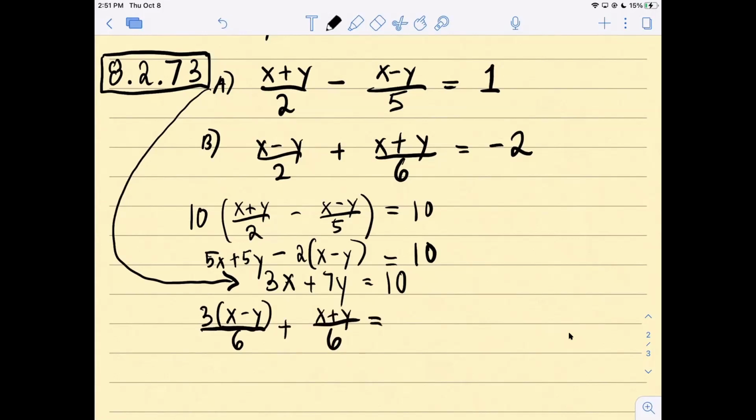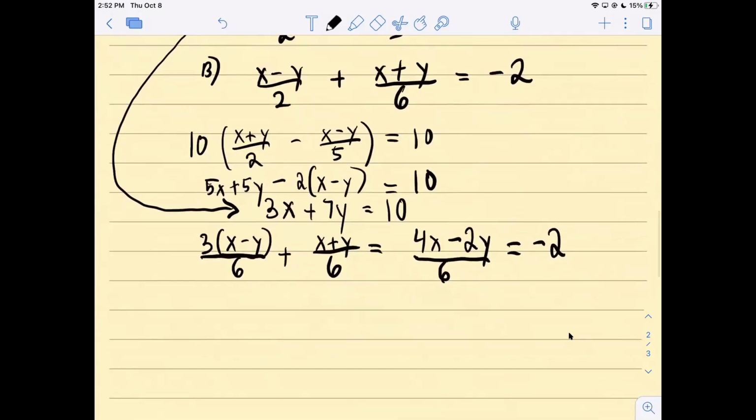This is equal to, combining similar fractions, we get 4x minus 2y, because that's minus 3y plus y, all over 6 is equal to minus 2.